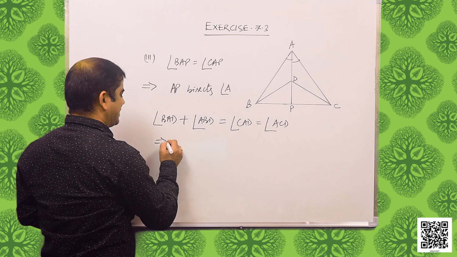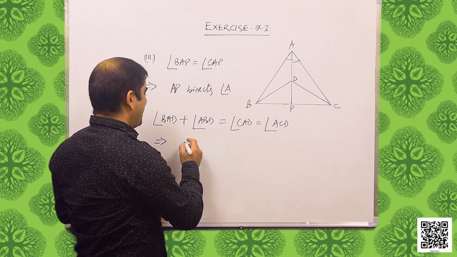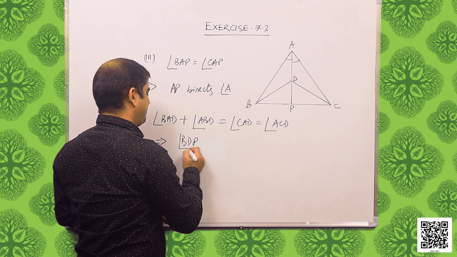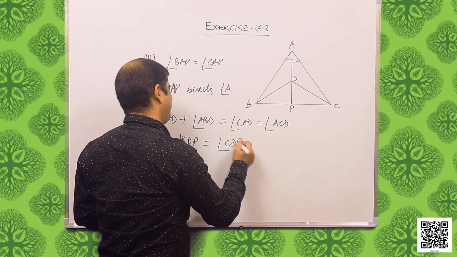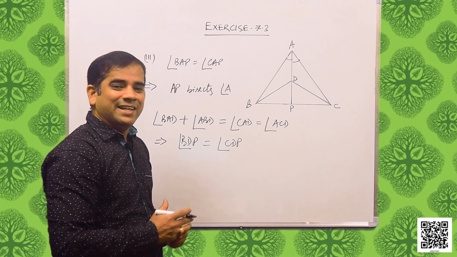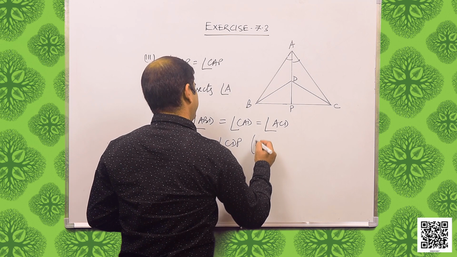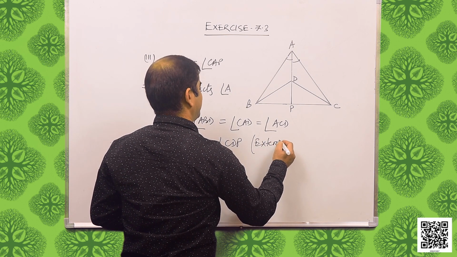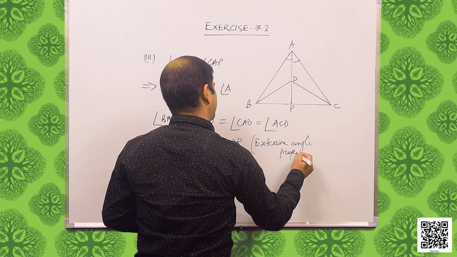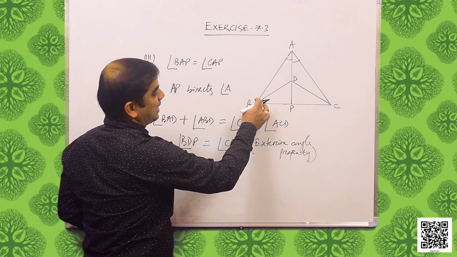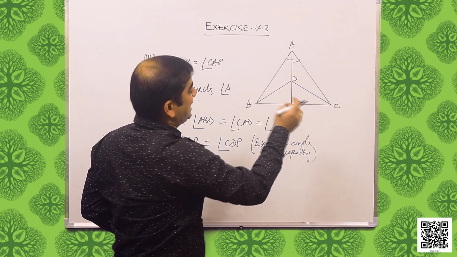That implies angle BDP is equal to angle CDP. Why? It is following the exterior angle property. Angle BDP is equal to angle CDP.